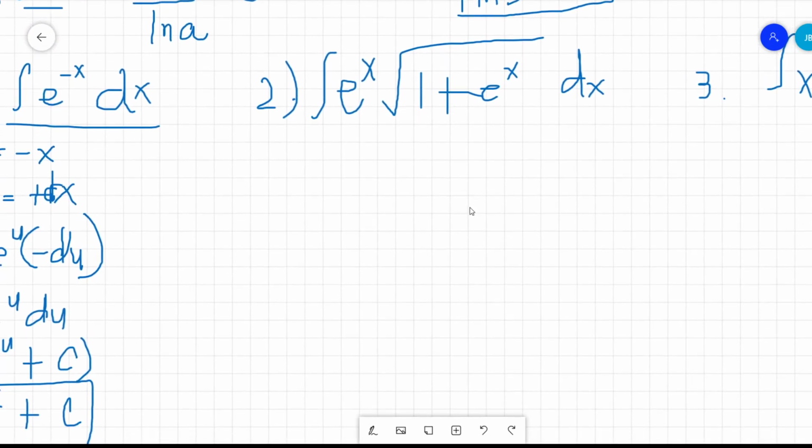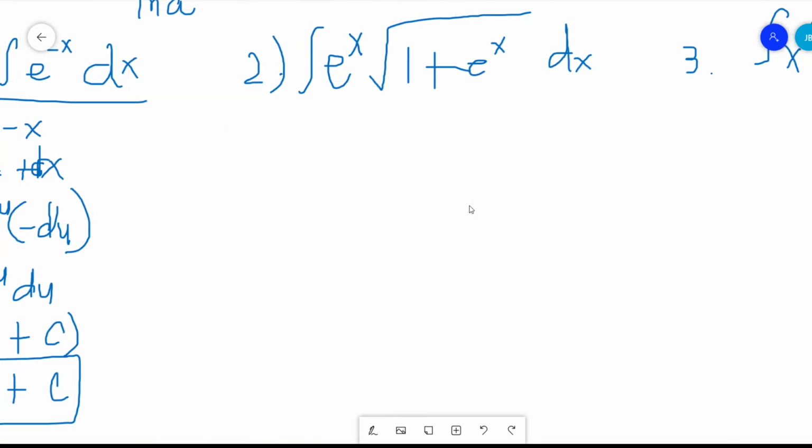Okay, how about example number 2? The integral of e raised to x times the square root of 1 plus e^x dx. So how are we going to get the integral for that one? Let's try to let u be 1 plus e^x, because in some of the examples that we have done, we let u be the expression with an exponent.